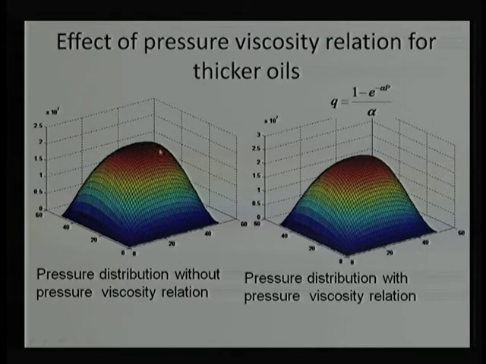You can see in this case the gap between the peak, this red peak, and this line is countable, while in this case this gap is reduced. That means pressure is increasing, or in other words, when we are counting the pressure viscosity relation, the maximum value of the pressure is changing, it is increasing. So, there is a point to account for the pressure viscosity relation when maximum pressure is going to be more than 10 megapascal.